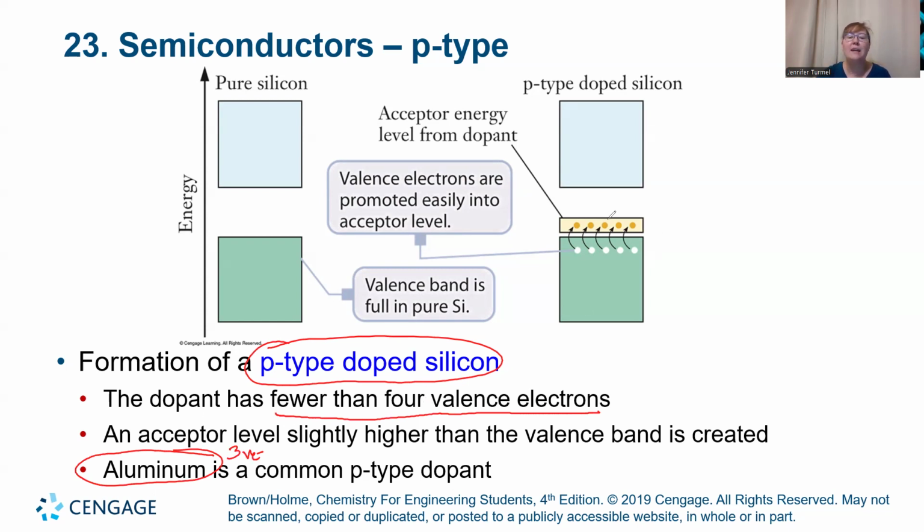What that does is create this acceptor level right here. Then you can push extra electrons into the acceptor level, creating these little holes in the valence band. And it's easier to get them into the conduction band up here, again, to make them more conductive.